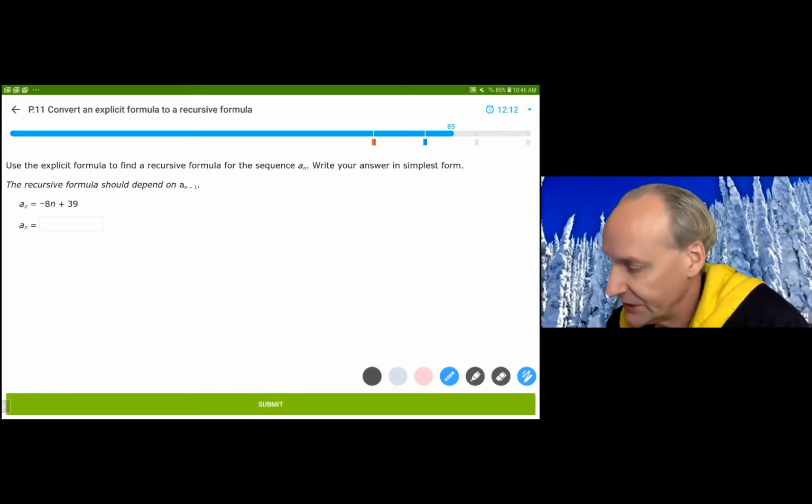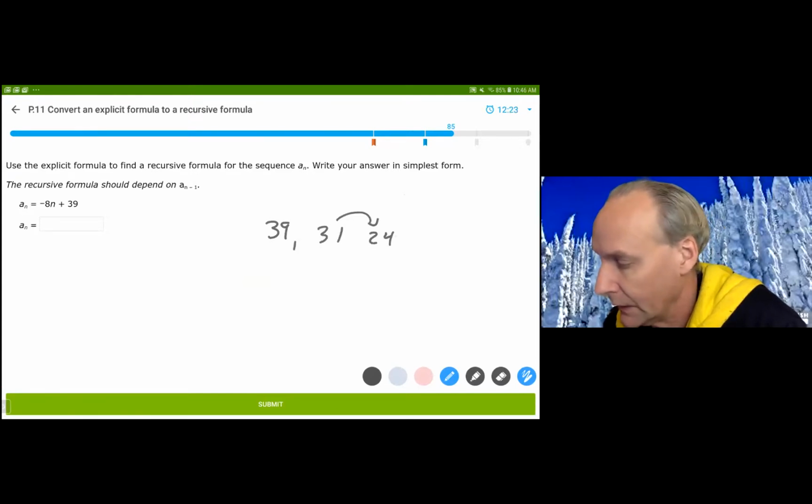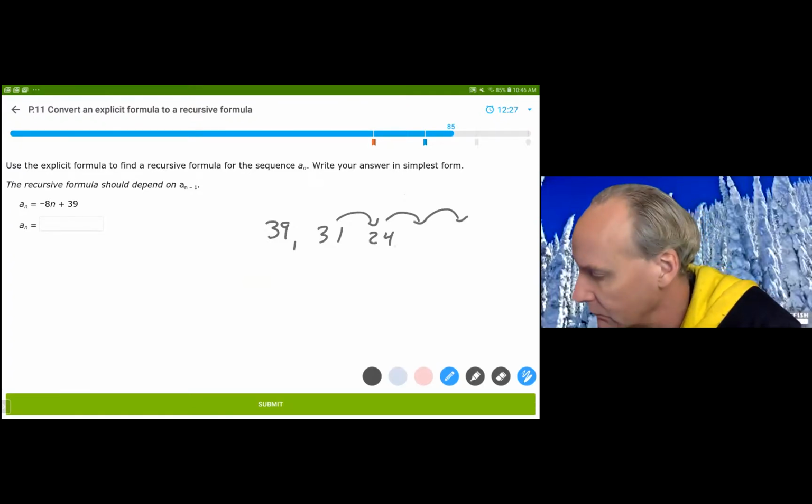Okay, what's our change? The rate of change is -8. So we're taking the 39, and then we get 31, and then we get 24, and it's going down 8 every time, isn't it? Going down, is that going down 8? No, 23. No, 23, yeah, 23, sorry.